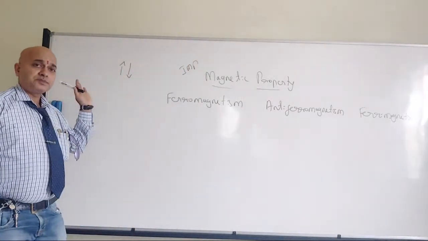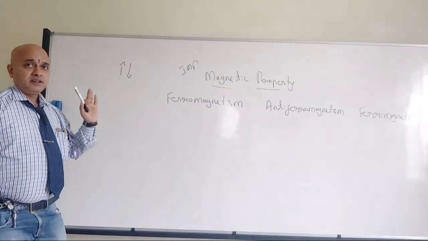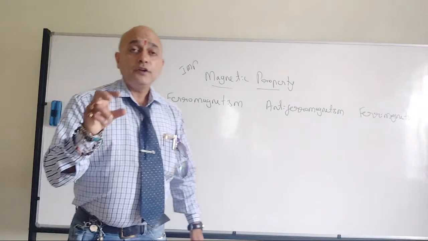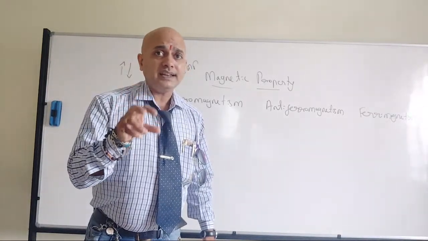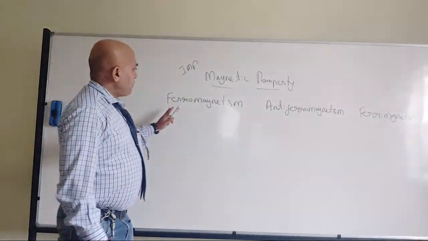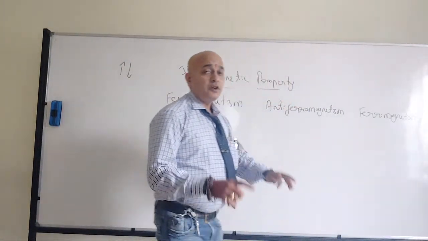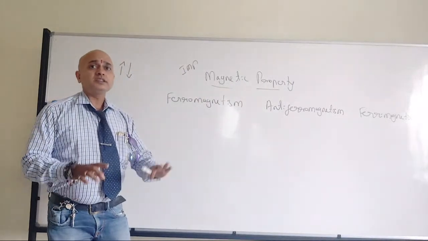That's what we can observe in diamagnetism. When it comes to paramagnetism and diamagnetism, we are focusing on one particular element. But when I am talking about ferromagnetism, antiferromagnetism and ferrimagnetism, we are talking about the total structure.